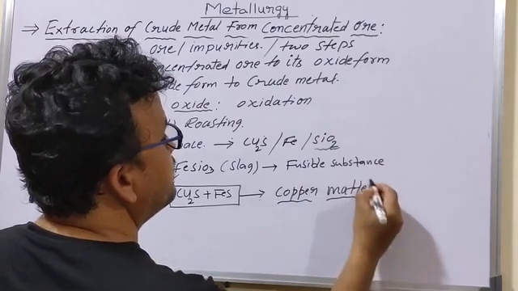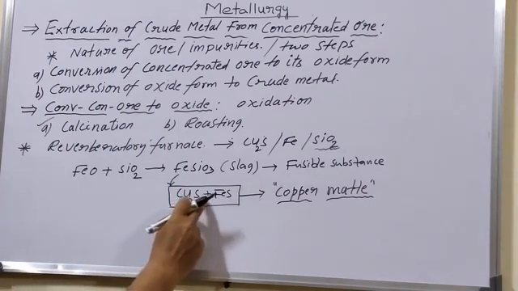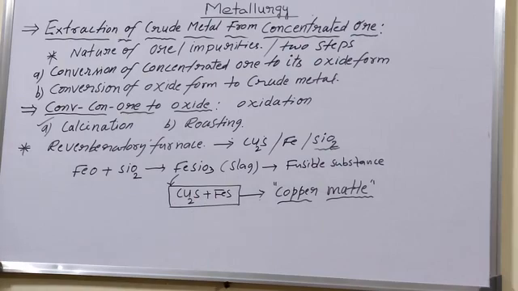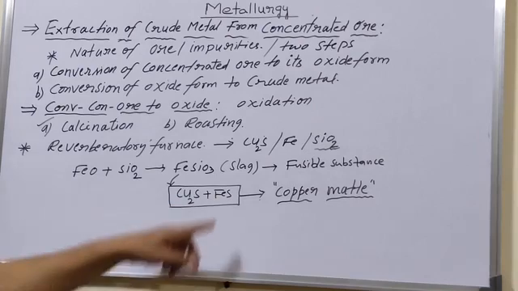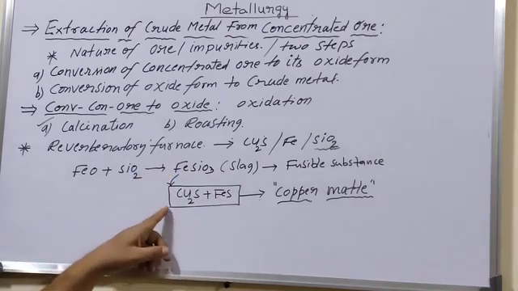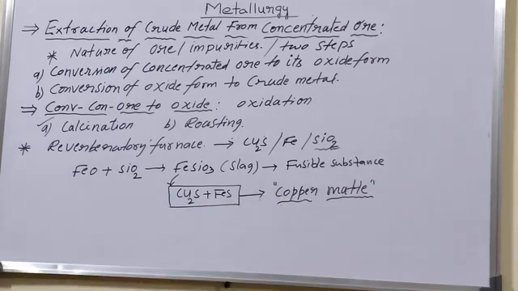Very important for exams: what is the composition of copper matte? Cu2S plus FeS, copper sulfide and iron sulfide. One is more in percentage, one is less in percentage. The mixture of copper sulfide and iron sulfide is known as copper matte. Like this, calcination and roasting take place.